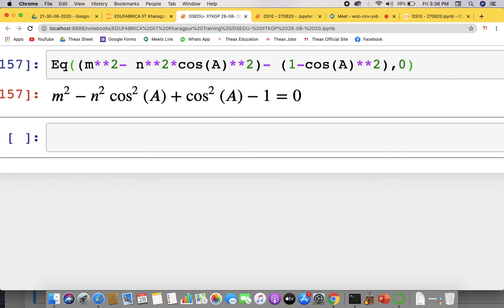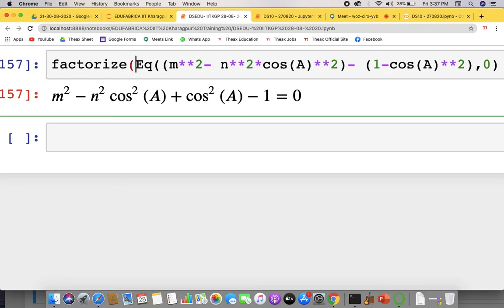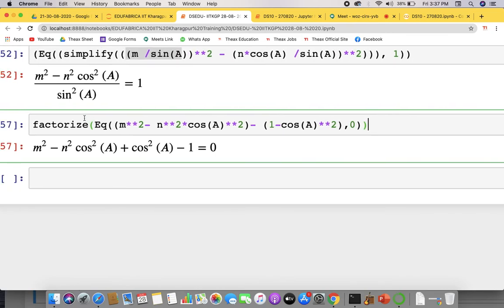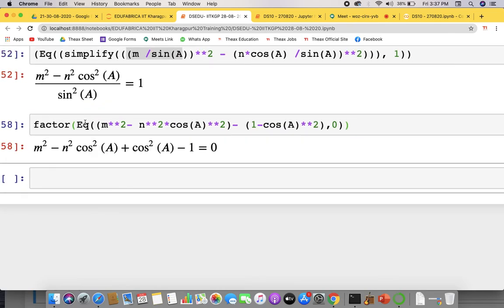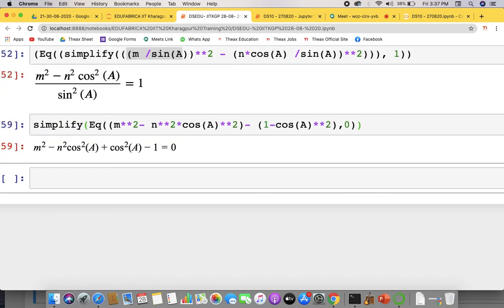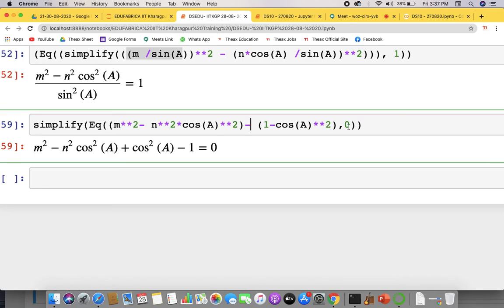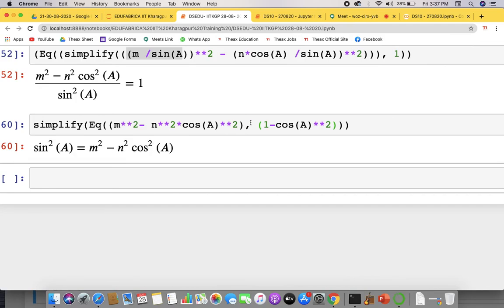So from here, what you can get, if you just factorize this, it should be minus of cos square a minus n square cos square a, so this is sine square a becoming as m square minus n square cos square a.